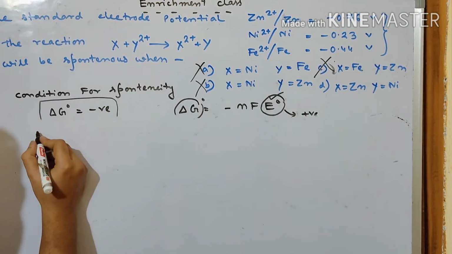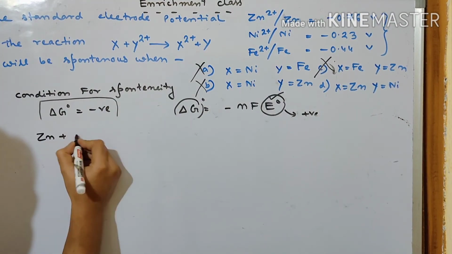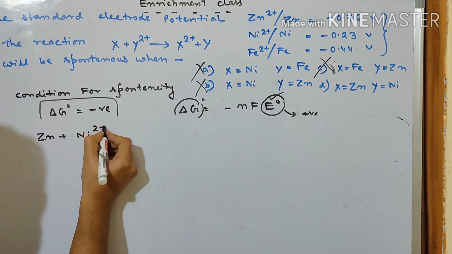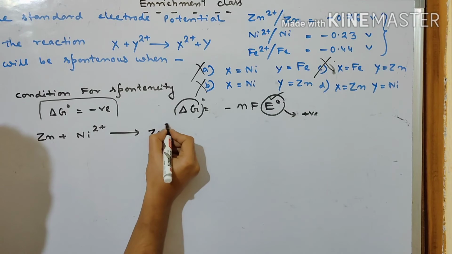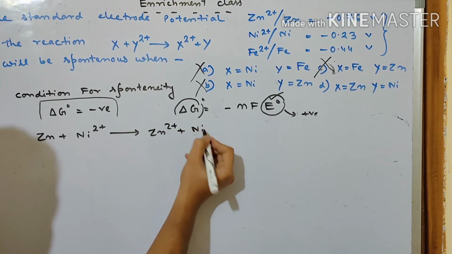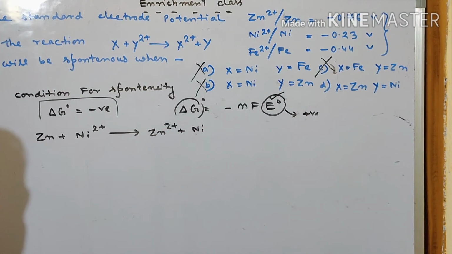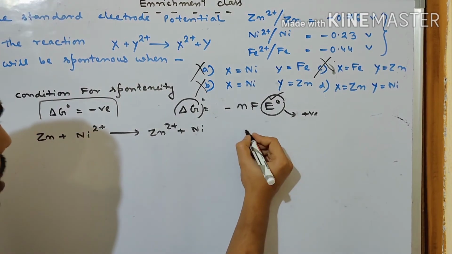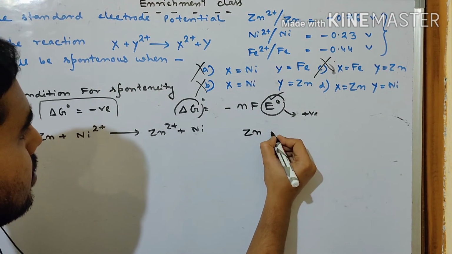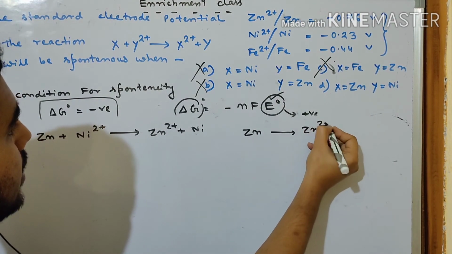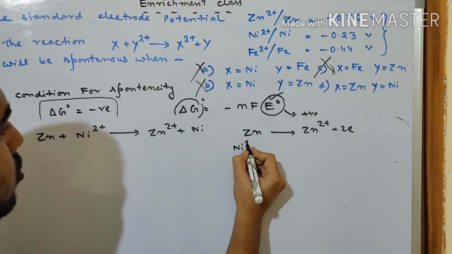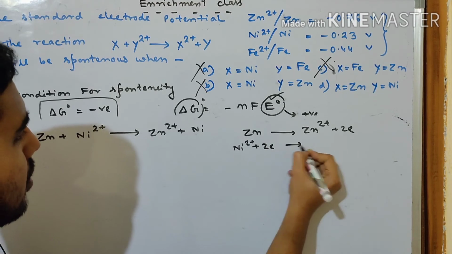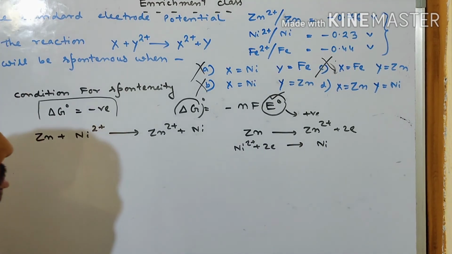Now here it is Zn plus Ni2+ giving rise to Zn2+ plus nickel. According to this, the equations are Zn giving rise to Zn2+ plus 2 electrons, and Ni2+ accepts 2 electrons to become nickel.